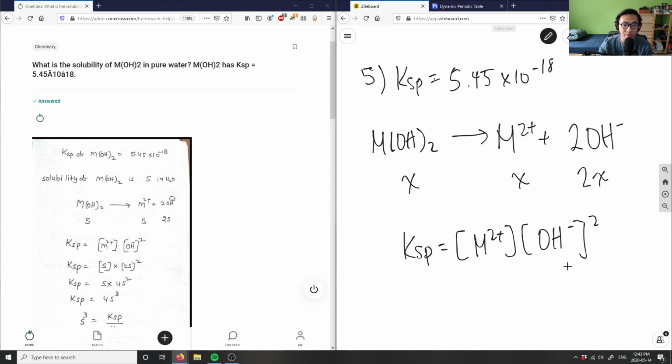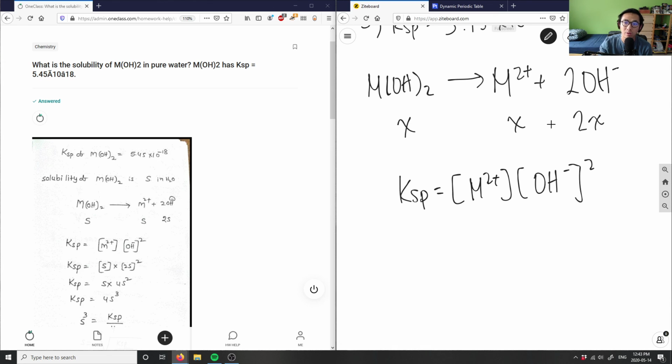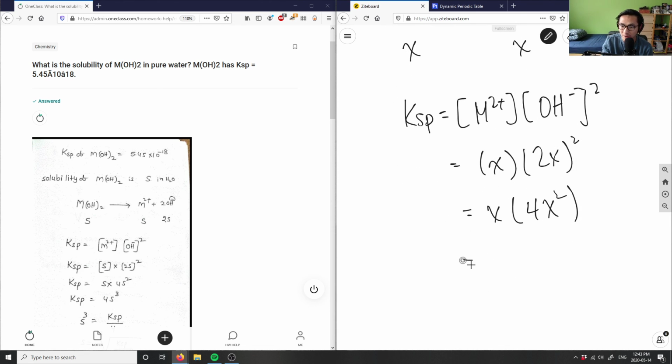I need to be able to reflect that in my KSP equilibrium equation. This here is simply X. This here is 2X squared. So simply what I'm going to have is X times 2X squared, which is 4X squared, so in total X times this guy is going to be 4X cubed here. And this will equal, again, my KSP.